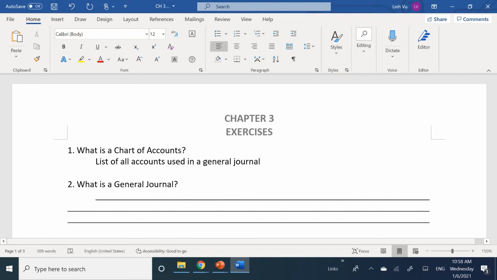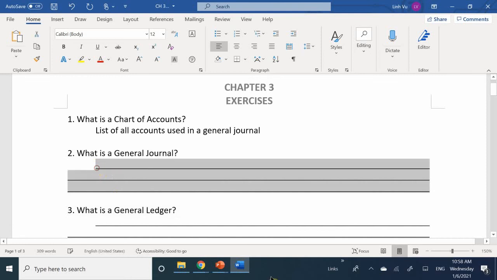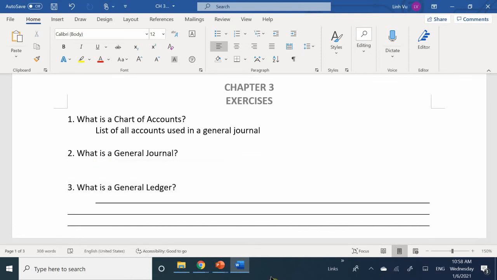Right. What is a general journal? It is the book where we put our daily transactions. Good. A book or record of all of the daily business transactions. Good.